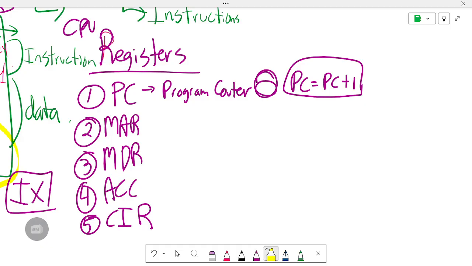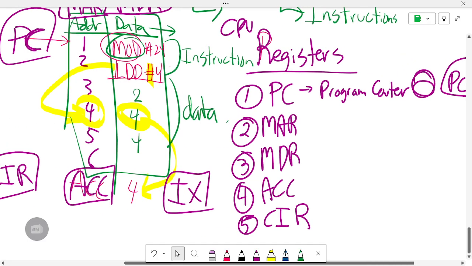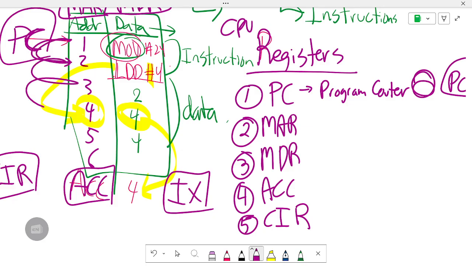Ched, what does PC plus 1 do? In here, after I do one instruction, what does the PC do? It goes to the next instruction. Plus 1 means go to the next instruction.